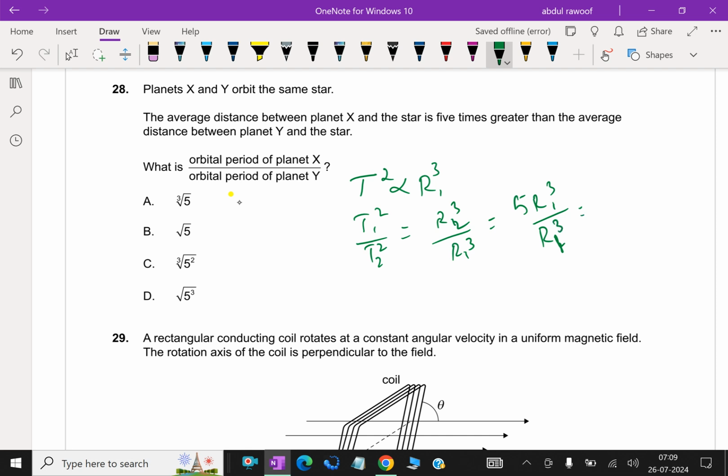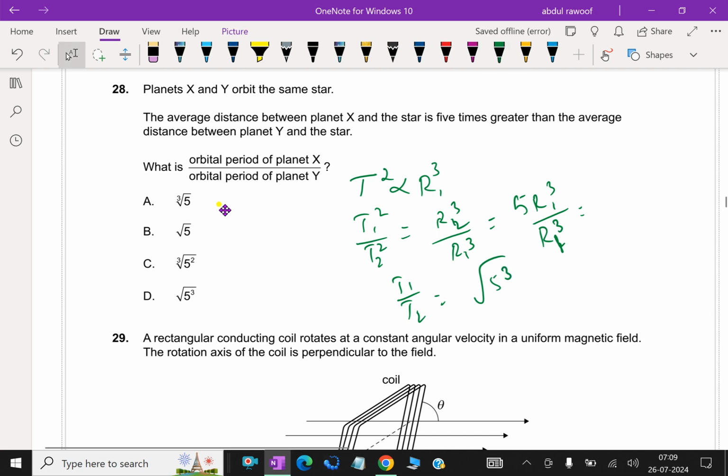So the time ratio is equal to the square root of 5 cubed. So option D.